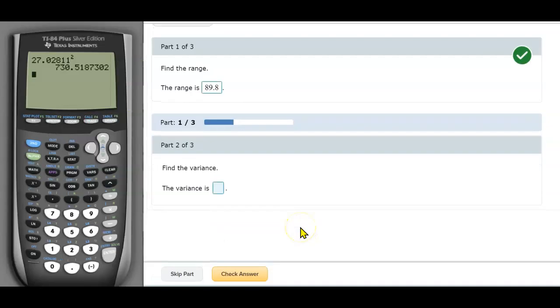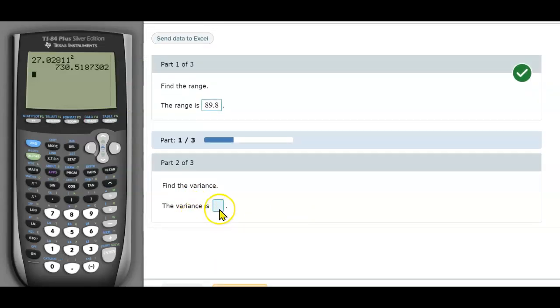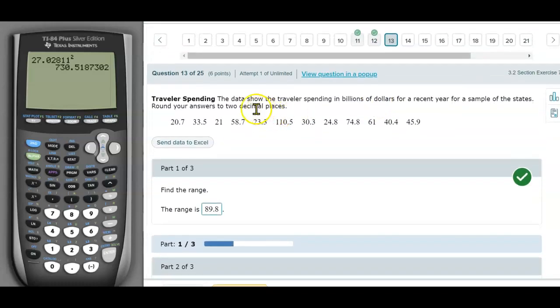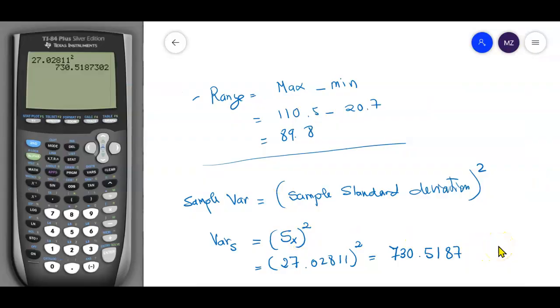So let me see how we're going to enter this one. All right, there is no indication here of how many digits you have to round. Let's read to 2 decimal places. There you go. So they say it in the beginning, answer to 2 decimal places. So 2 decimal places would be up to here, but this next digit is going to influence it, so you're going to get 730.52.